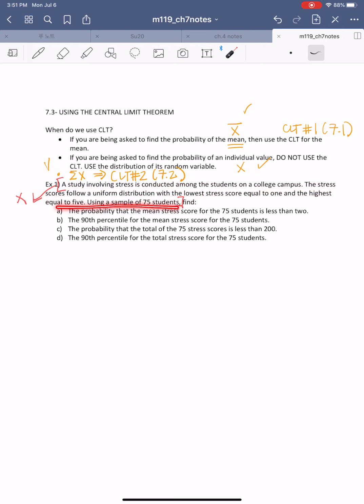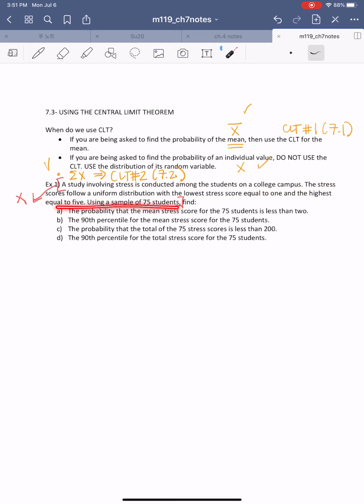Because we need to eventually use our population mean and standard deviation to calculate CLT 1 and 2. It was A plus B divided by 2. So I will have 1 plus 5 divided by 2, which is equal to 3.